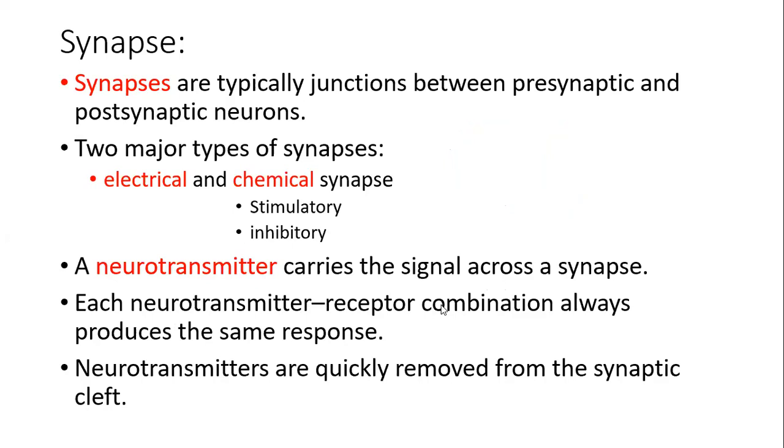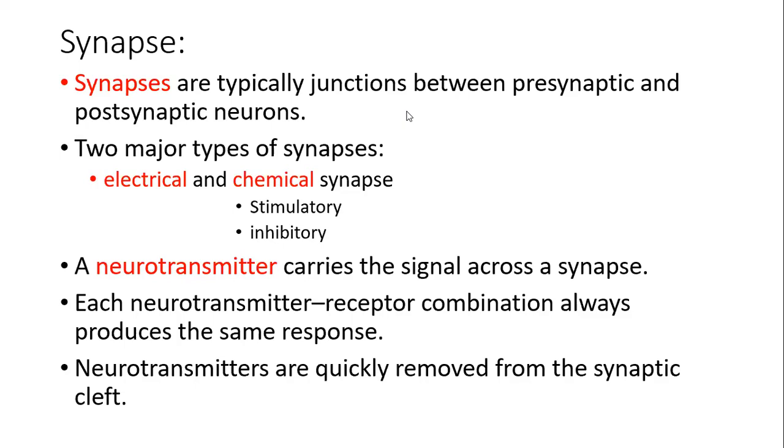Those events could either be depolarization, meaning they are stimulating the second cell, or hyperpolarization, in which case they are inhibiting the second cell. So the neurotransmitter-receptor combination determines the events that happen in the postsynaptic neuron.